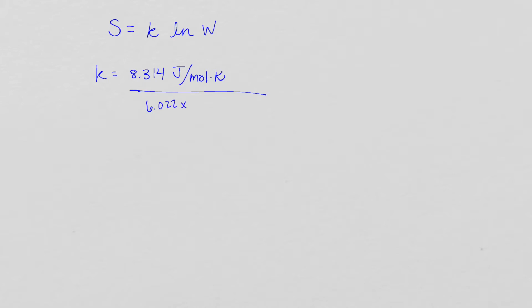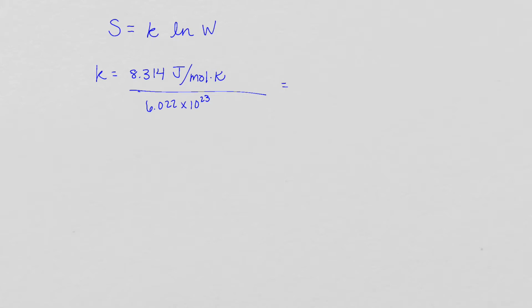In the last video, I showed you that there's a mathematical expression for entropy, and that is S equals k ln W. k is the Boltzmann constant, which is the gas constant, 8.314 joules per mole Kelvin, divided by Avogadro's number, 6.022 times 10 to the 23rd, and that would be per mole.